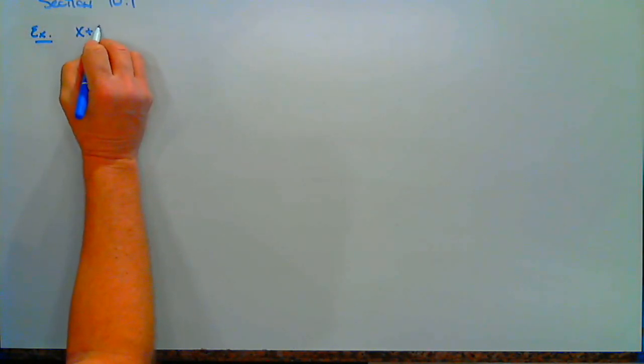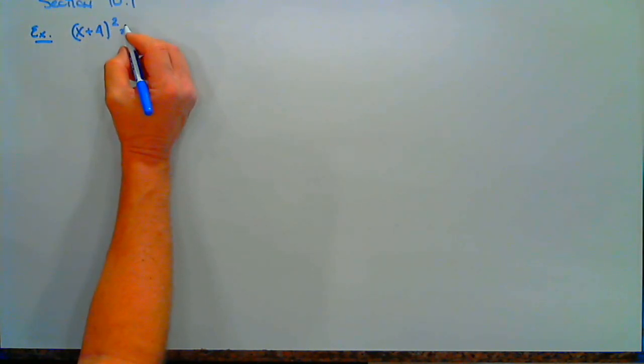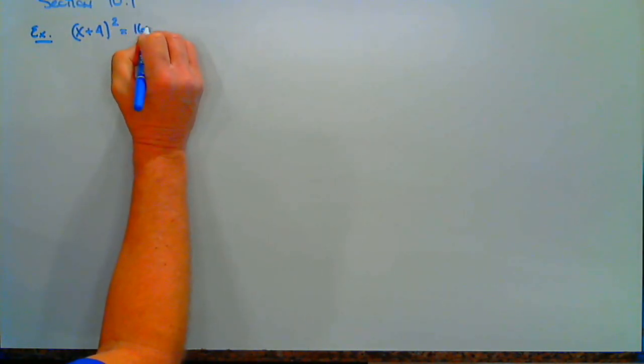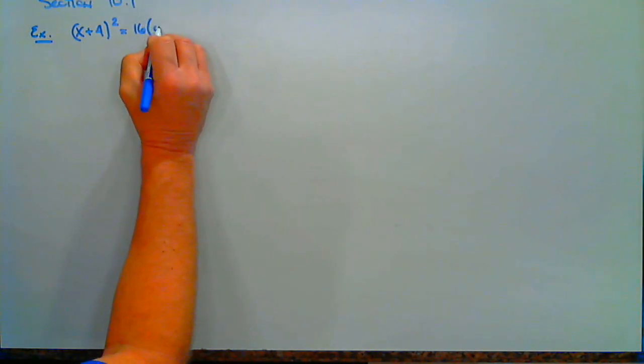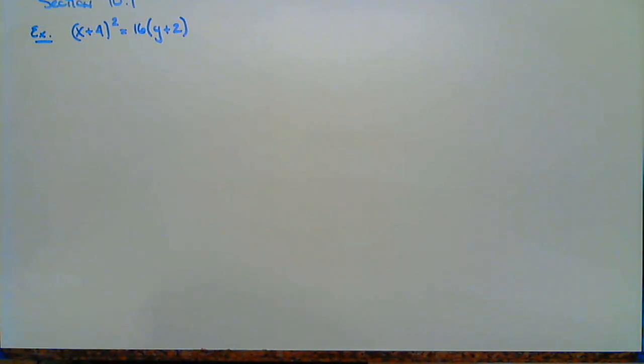So they can give us a problem that looks like this: x plus 4 squared equals 16 times y plus 2. Now this problem's actually from the book. It's problem number 42 in the textbook.